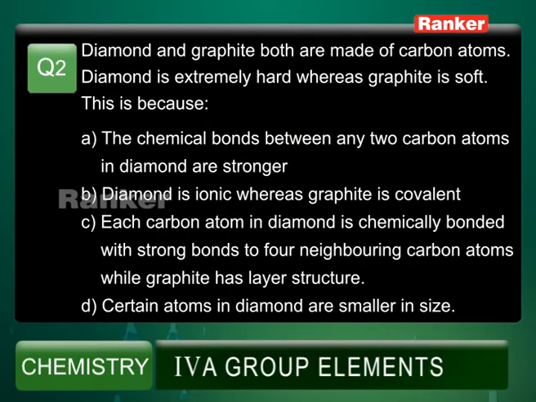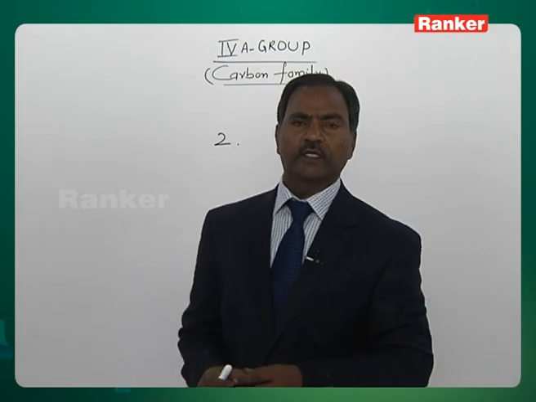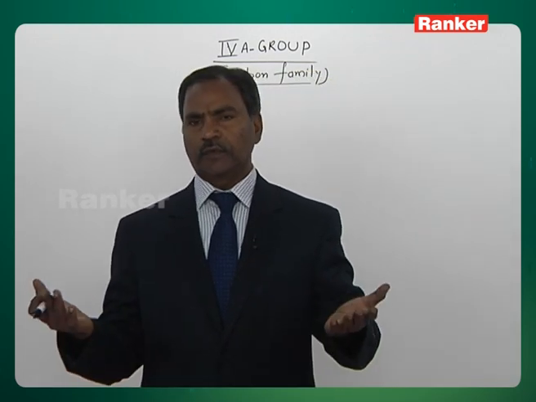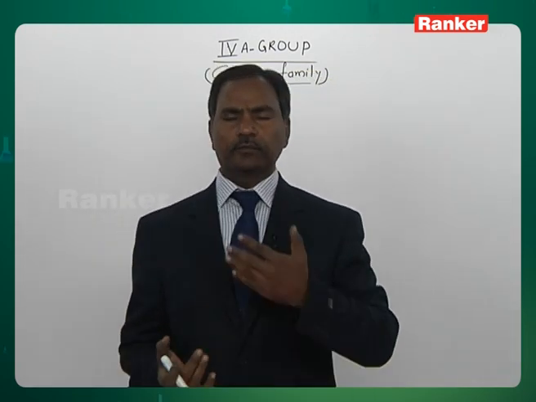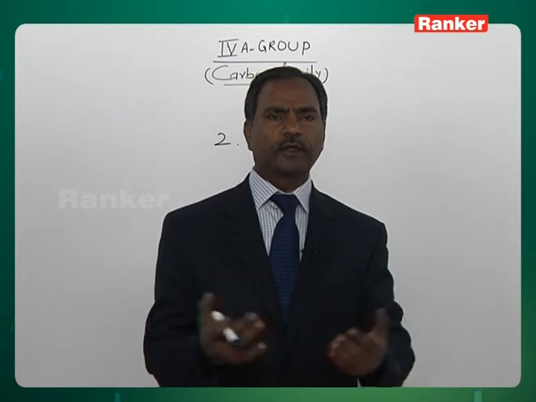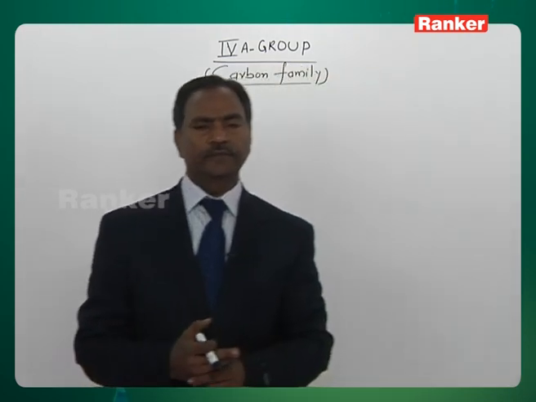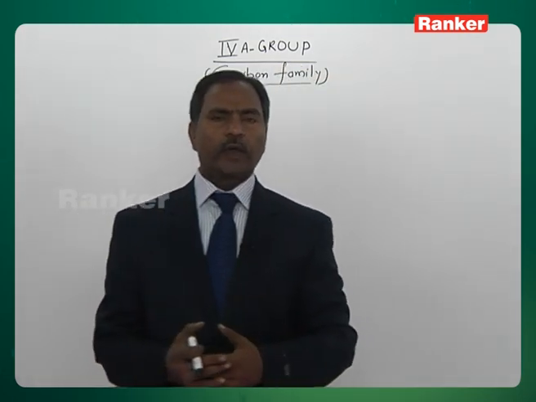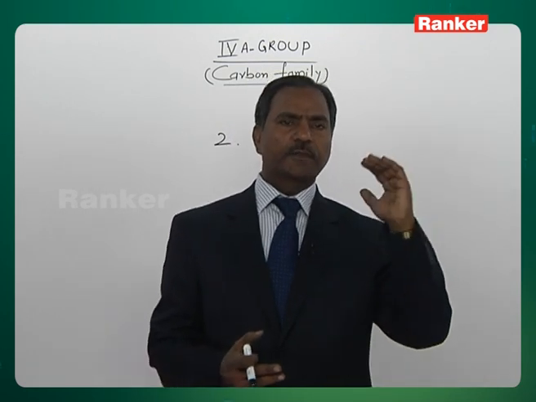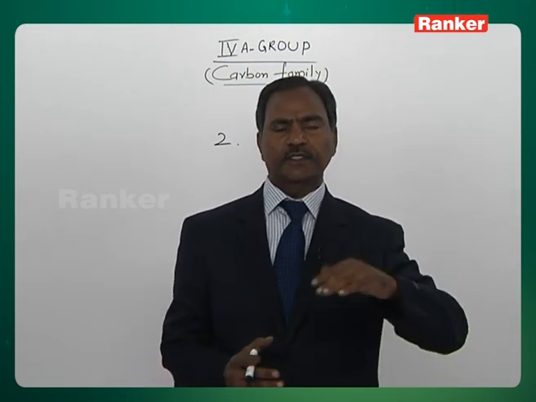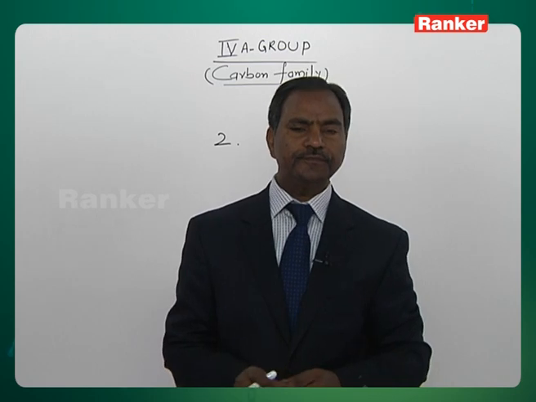Coming to the second, diamond is ionic whereas graphite is covalent. See, diamond and graphite both are covalent substances, not ionic substances.